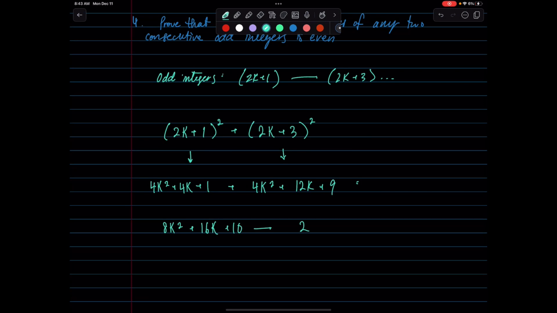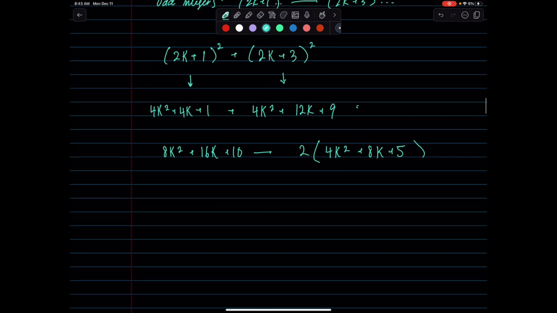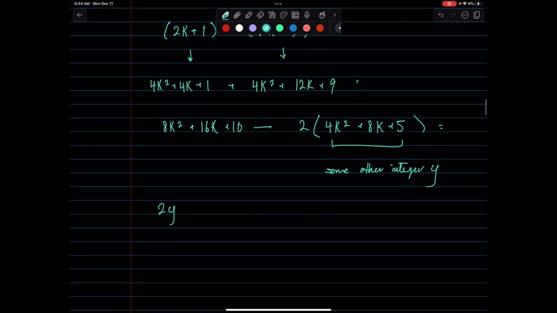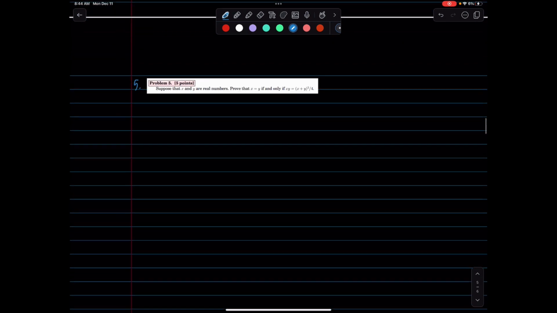You could take out 2 from this to make 4k squared plus 8k plus 5. And then since addition and multiplication are closed on integers, this is just some other integer y. So this will come out to 2y, which is the definition of even, right? So that's that for that question. Moving on.